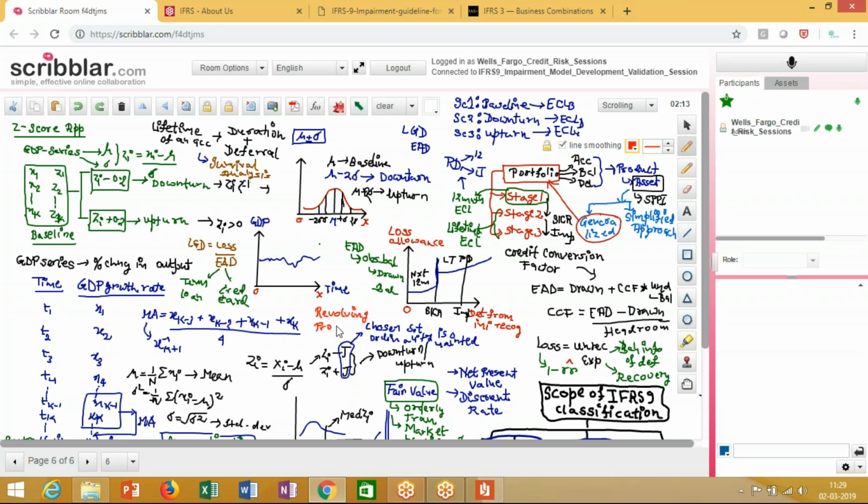Revolving products are products like credit cards, then you have products like overdrafts and so on. The problem with revolving products is that even though you keep on getting a contractual payment, there is no fixed term for that payment.